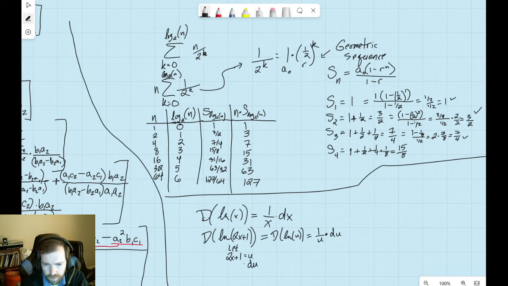And here, if we take the derivative of u, we get 2 dx. So then we can back substitute and say 1 over u is going to be 1 over 2x plus 1 times du, which is now 2 dx.